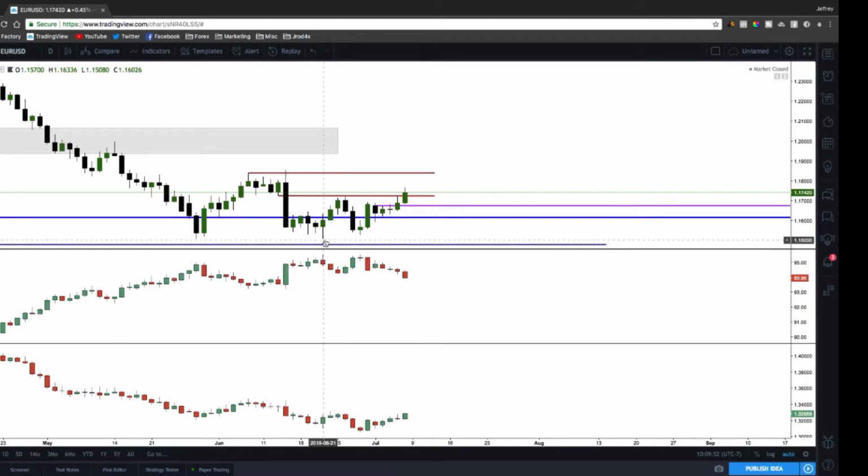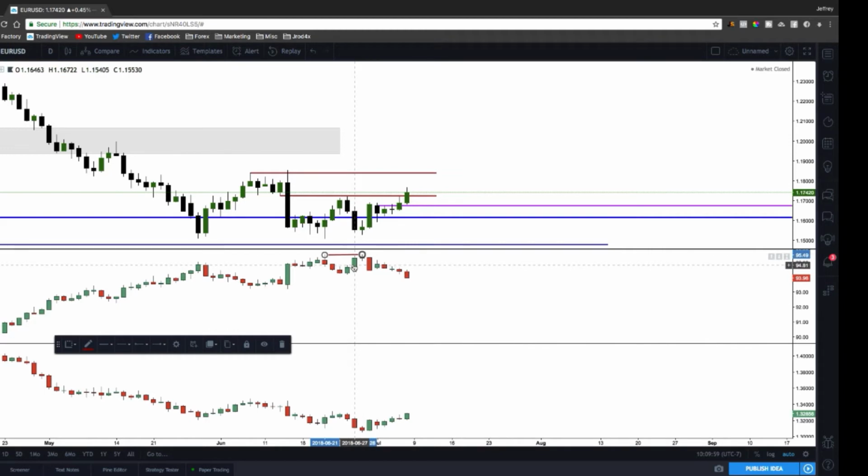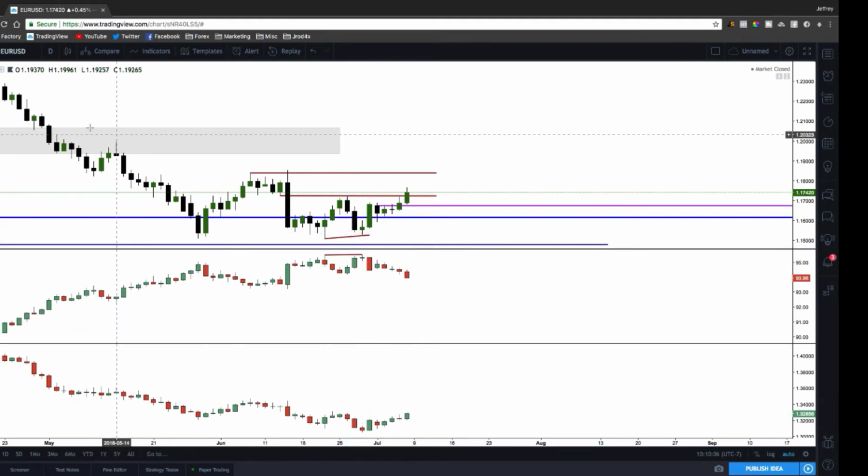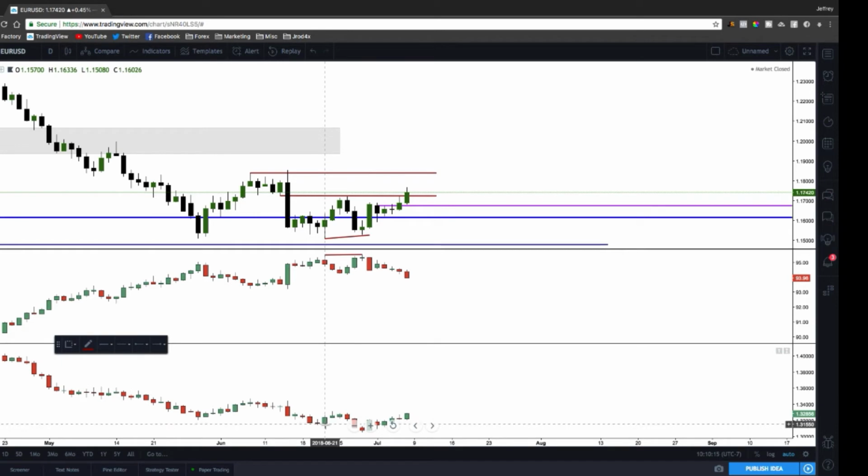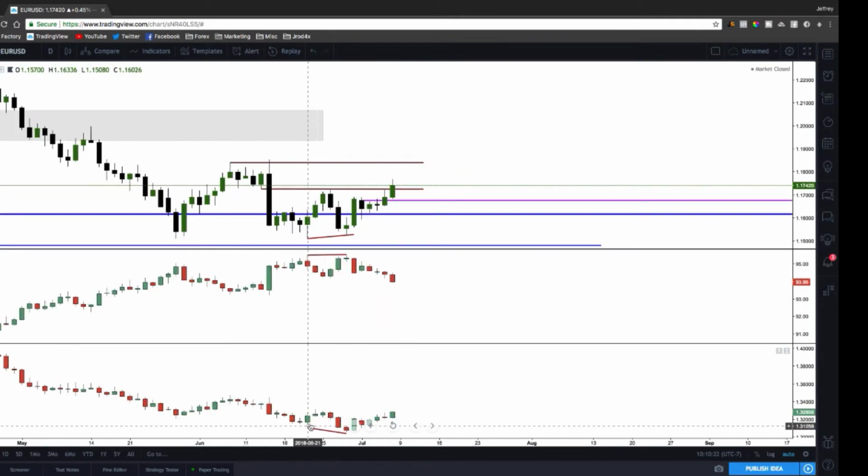So you can see, let me get the line. Right here on dollar index, we have those equal daily highs, but in euro dollar we formed a higher low, and then here in cable at the bottom we formed a lower low.